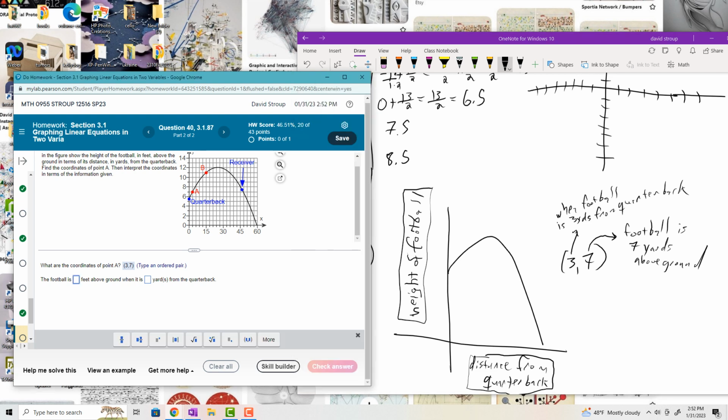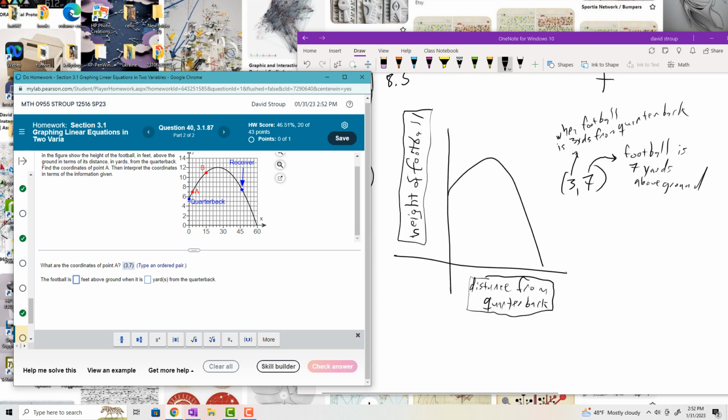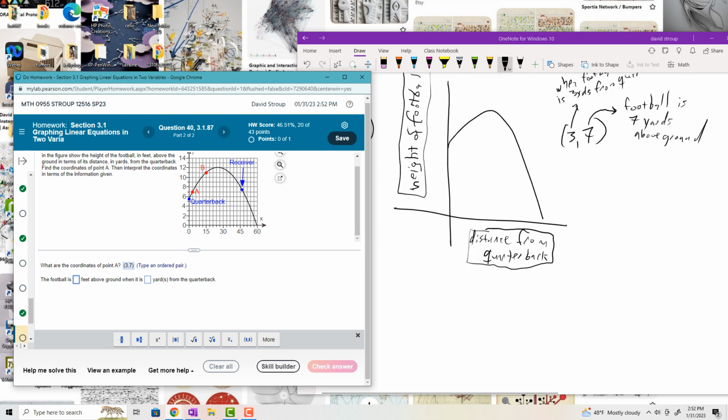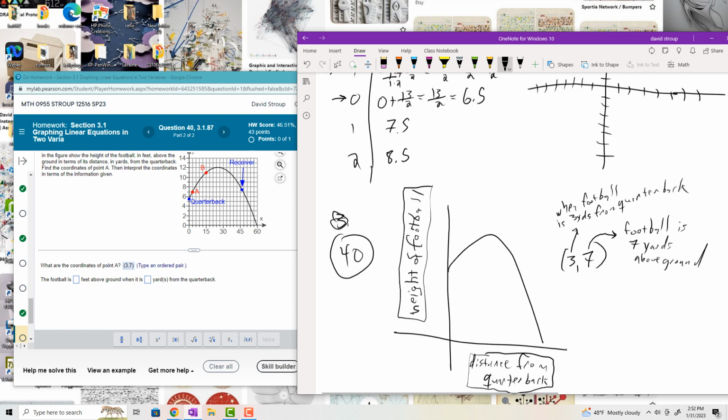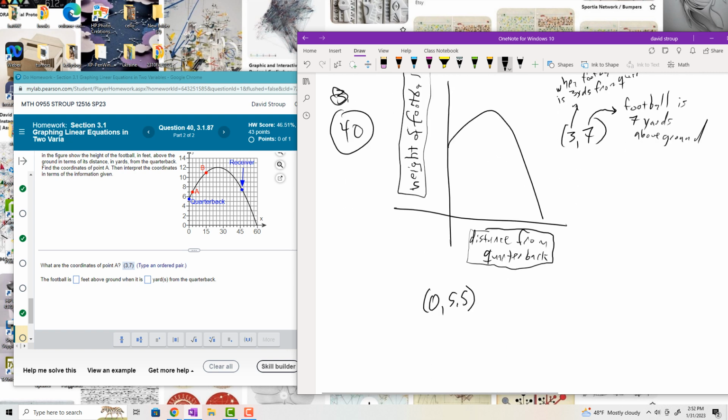You may have to think about which is the height of the football, which is the distance from the quarterback. But if you think about the first coordinate, the coordinate that's on the y-axis, its position is kind of like at 0, 5.5. So initially, when the football has not been thrown, the distance from the quarterback would be 0.